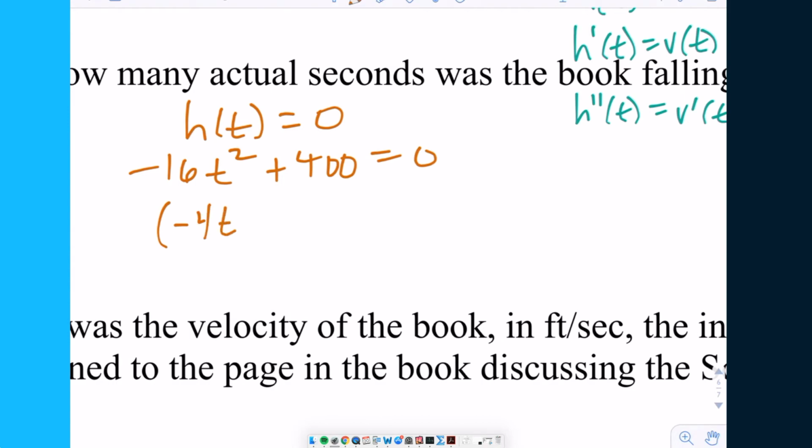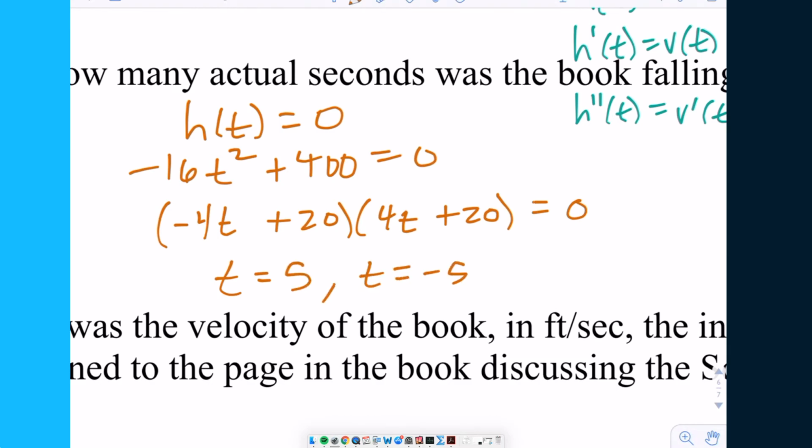Negative 4t plus 20, and positive 4t plus 20. Does that do it? That's kind of a funky way to factor, but it works. So now if you set them each equal to 0, of course you don't have to, you could do it in your head, you get t equals 5 or t equals negative 5.